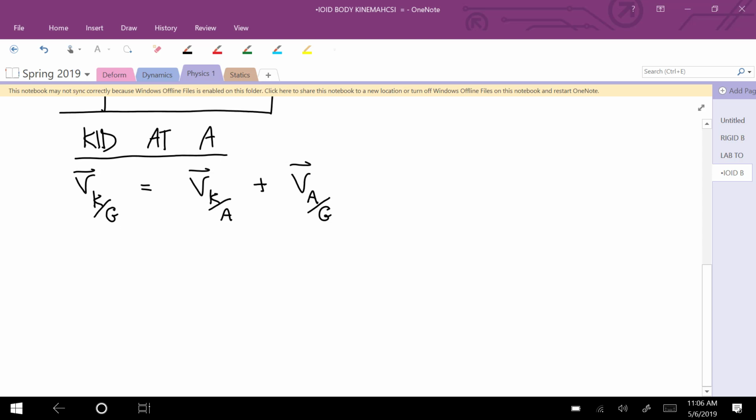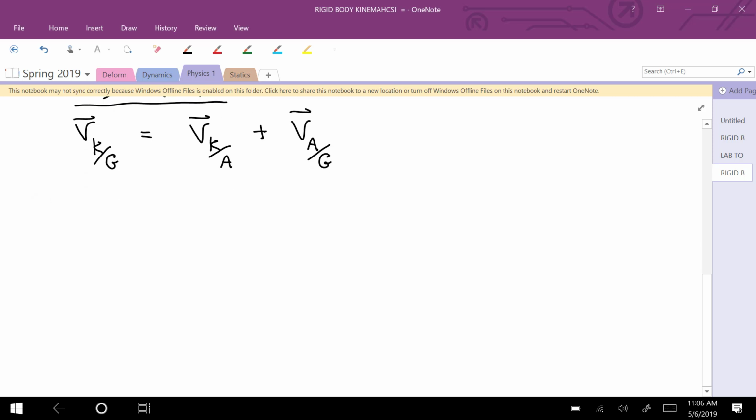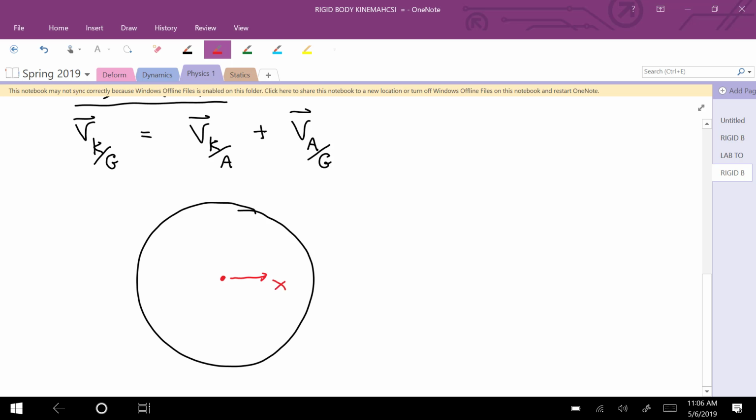And if we think of the circular motion in a coordinate system with the x-axis this way and the y-axis pointing up, that means that we would have the z-axis going this way.